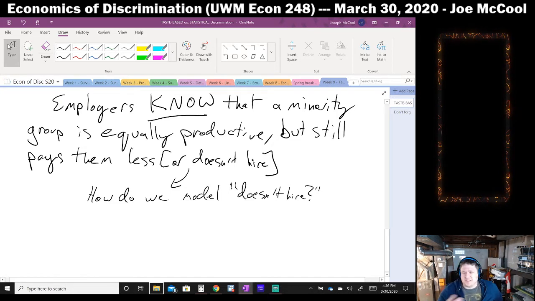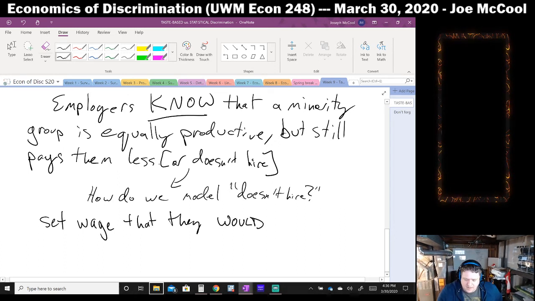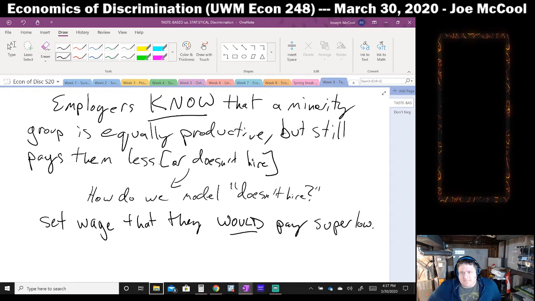But what we do in this case is we set the wage that they would pay super low. Right? So if a woman said that she would come into his plant, or come into his hat factory, and make hats for free because she's bored or whatever, I'm just using this to model it, right? He would probably hire her. He would probably let that happen.